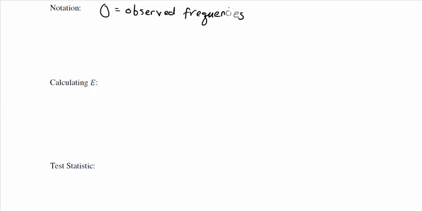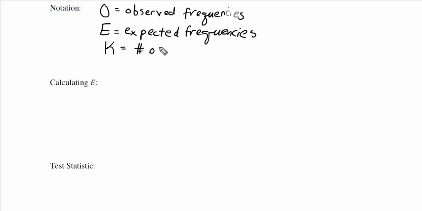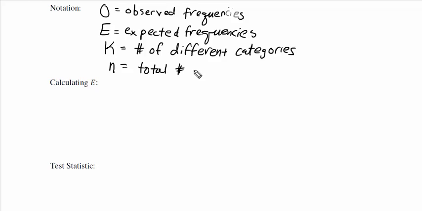There we go. And E is for the expected frequencies. K is the number of different categories. And then N is equal to the total number of trials.